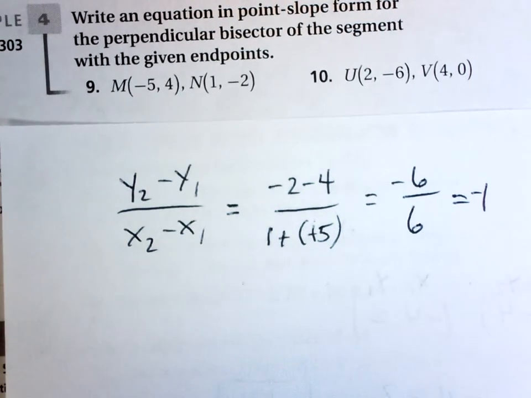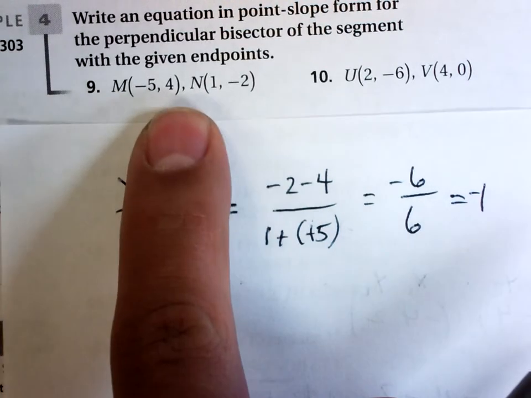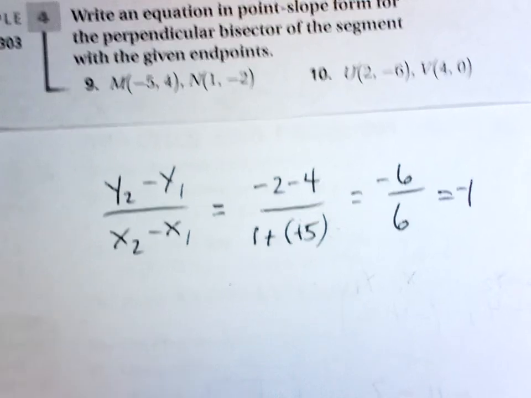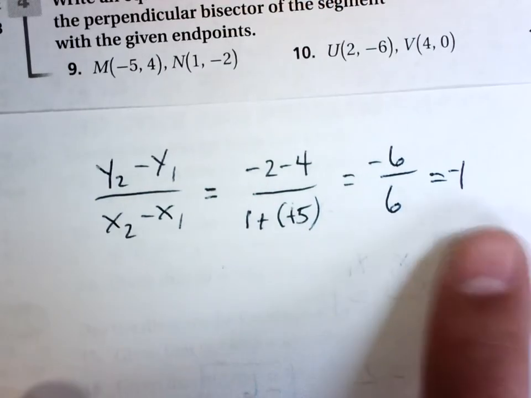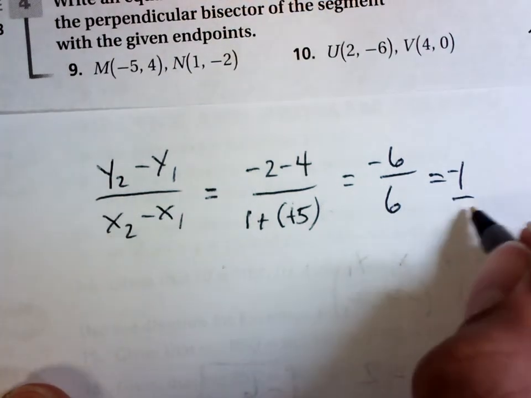Remember, what I'm trying to find is the equation of the perpendicular bisector. So this is the slope of the segment that I already have, MN. What I want is the slope of the perpendicular line. Well, if it helps you, if you get a whole number for your slope, put a 1 underneath it.